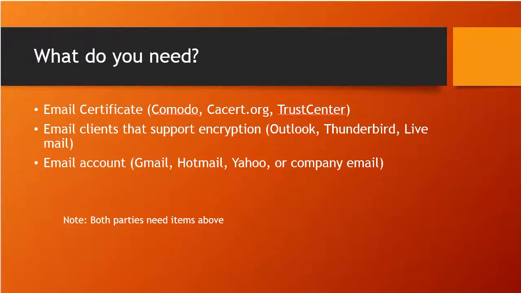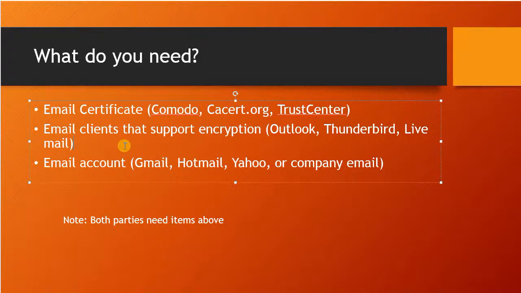So what do we need for email encryption? First of all, we need an email certificate. You can get a free email certificate from some providers, for example Comodo, CAcert, or Trust Center. The second requirement is an email client that supports email encryption.